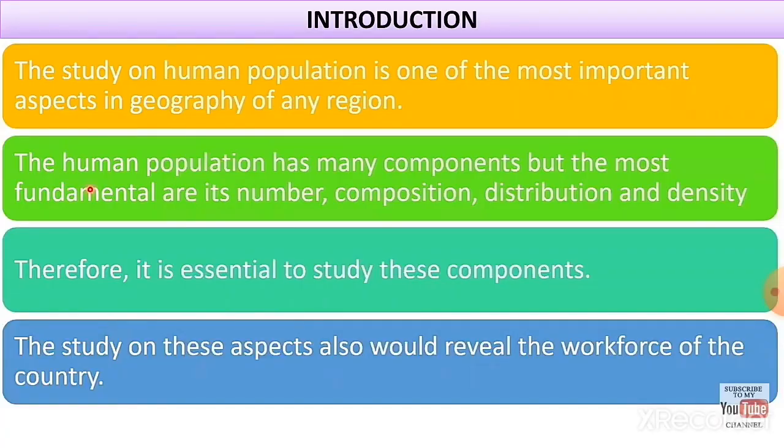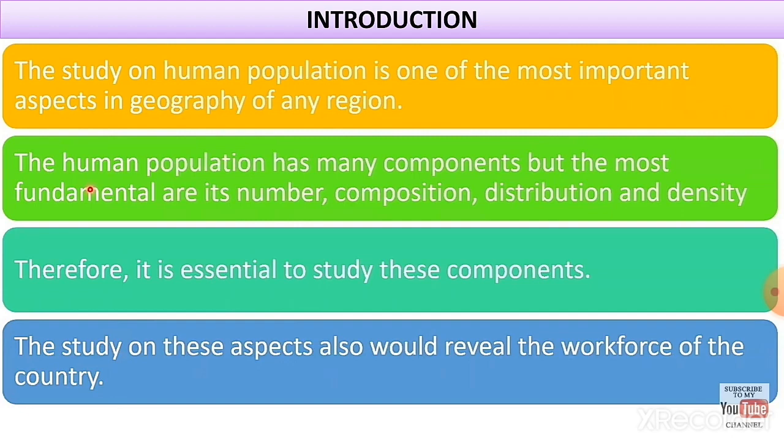Introduction. The study on human population is one of the most important aspects in geography of any region because based on the population only the government will provide all the facilities to the people. The human population has many components, but the most fundamental are its number, which means the number of people present in the country, and then composition.